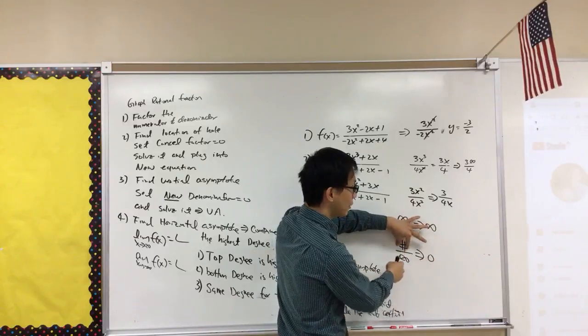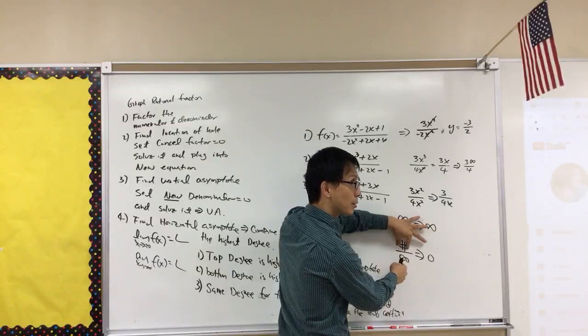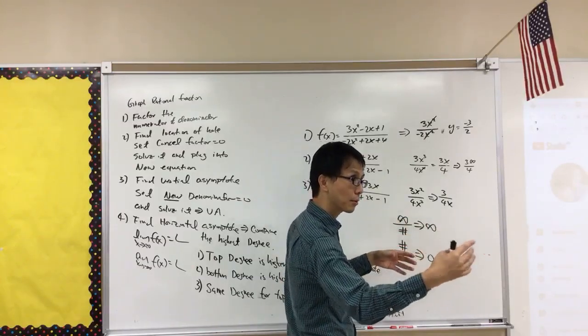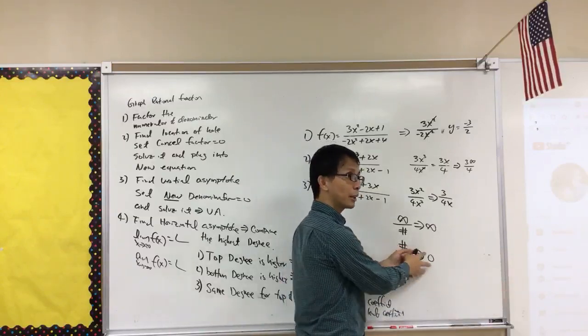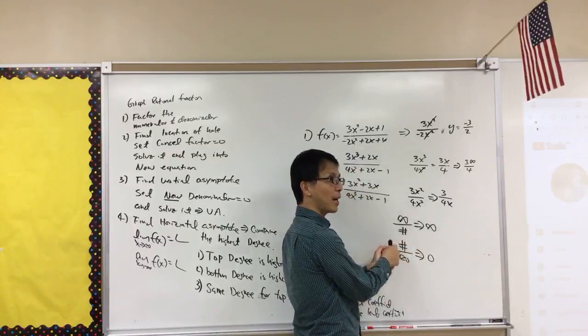Let's compare 1 to 100. 1 over 100 is what? 0.01. 1 over 1,000 is 0.001. 1 over a million is 0.000001. And then eventually this is going to go to what? 0.